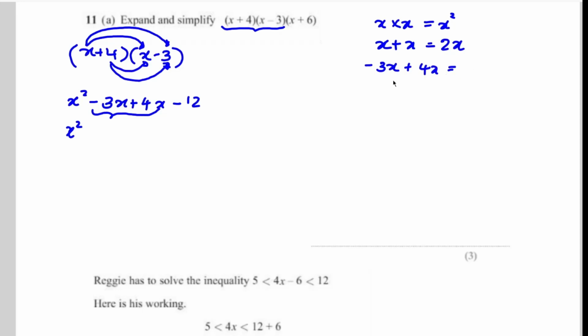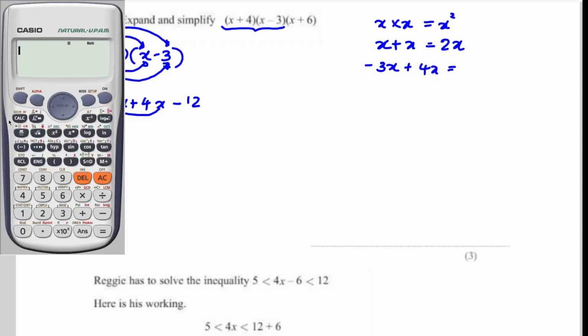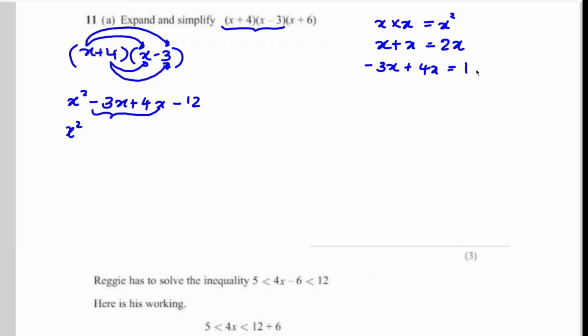Minus 3 plus 4 equals 1, so 1x, which in algebra we simply write as x. So x squared plus x minus 12. This is the answer.